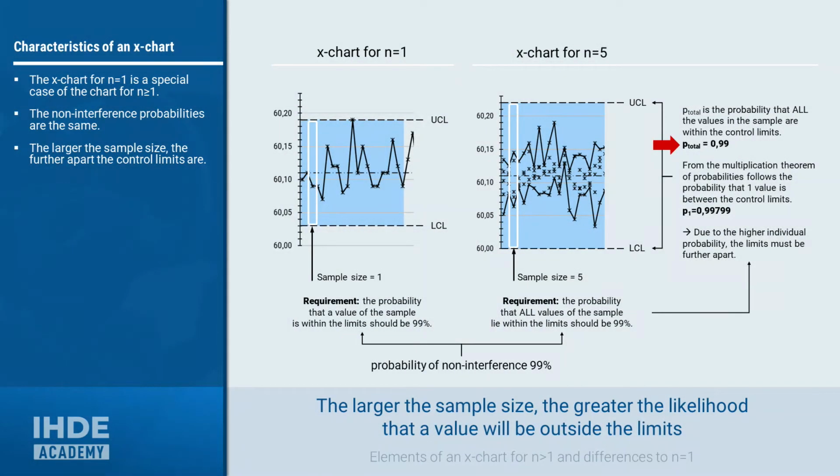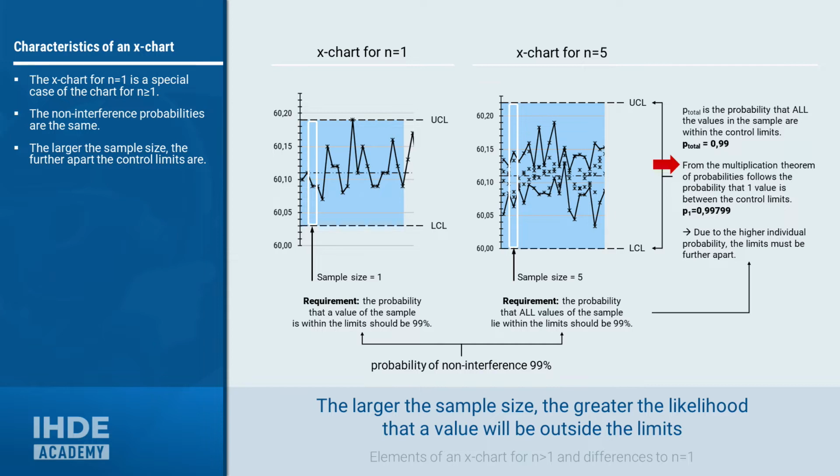So, P total is the probability that all 5 values of the sample are within the limits. Expressed in relative probability, that's 0.99. From the multiplication theorem of probabilities, it follows that the probability that exactly one of the 5 values is inside the limits is 0.99799.